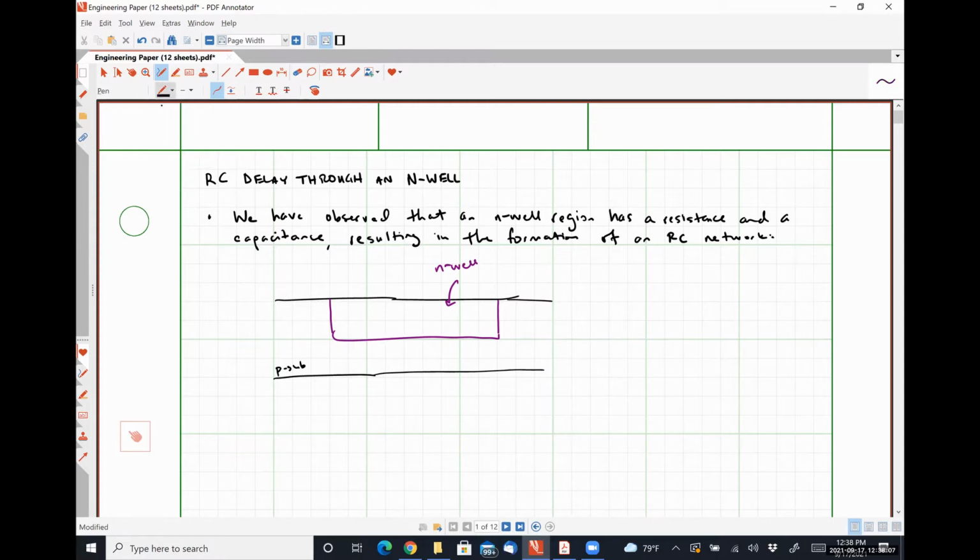And let's say, for the sake of argument, that I'm applying some input voltage on the left-hand side of my N-well, and I'm taking some output voltage on the right-hand side of my N-well. We are not in any way, shape, or form discussing yet how we actually get signals onto or off of our chips or anything like that. I actually have a situation that looks something like this.